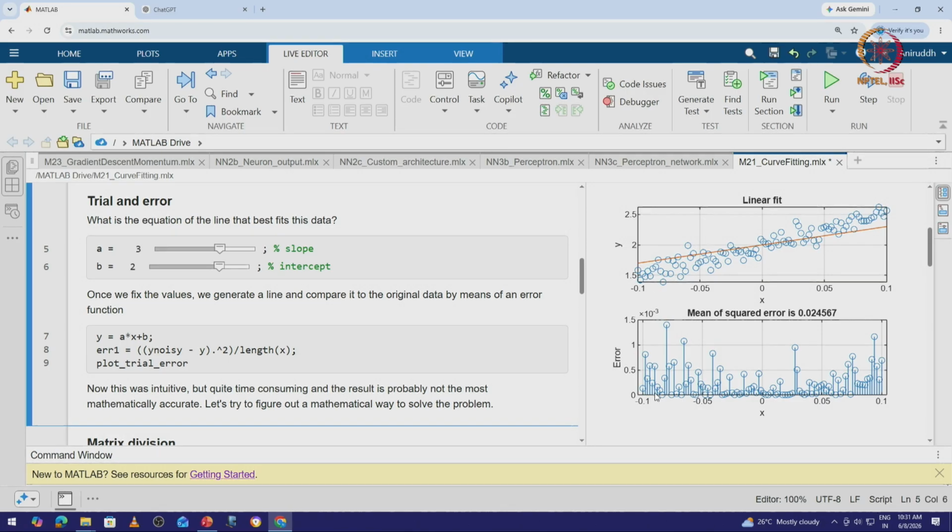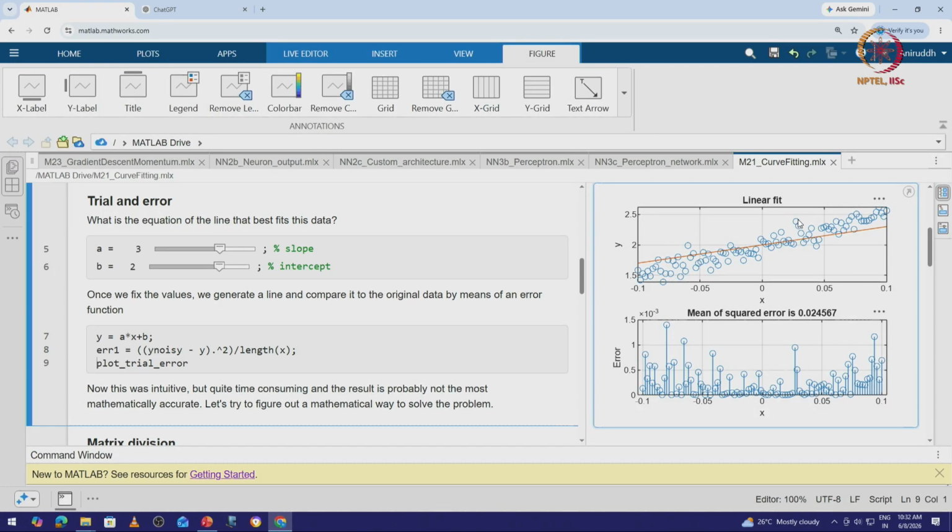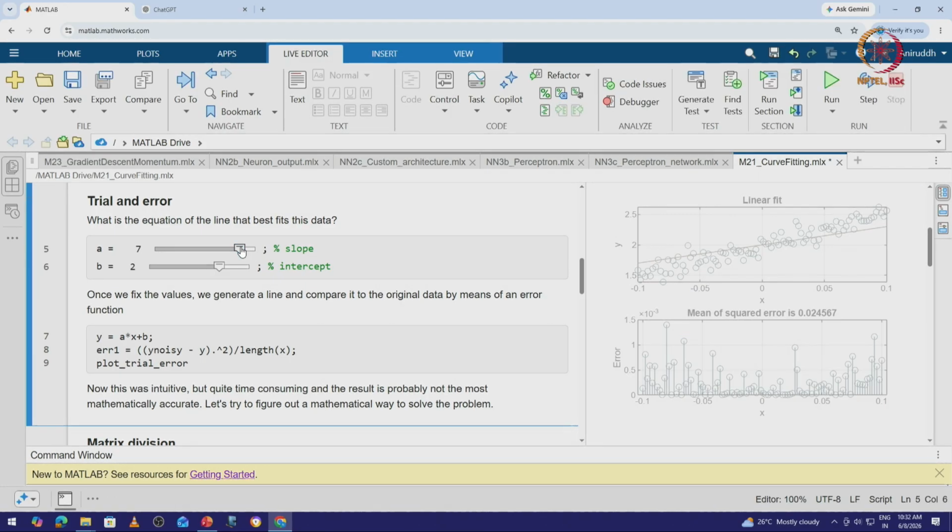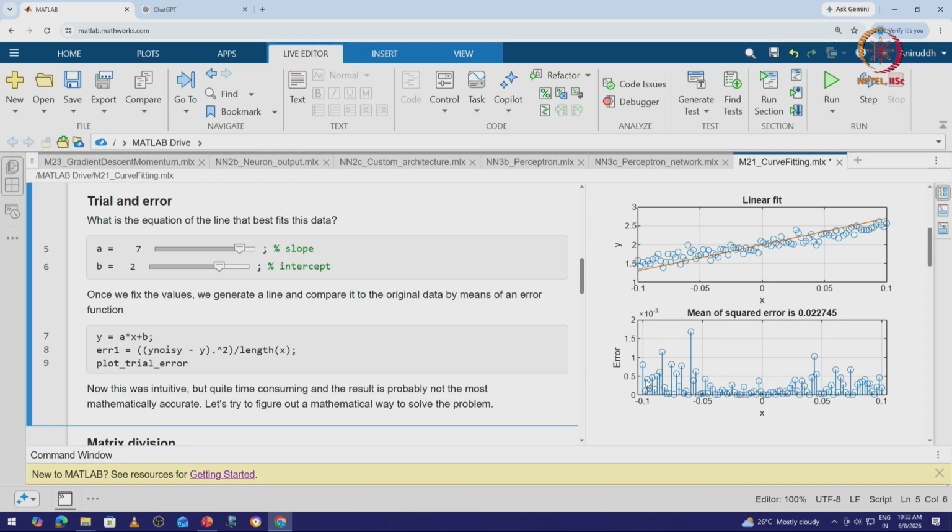Now we can observe here that the mean square error highlights some points which are 0, because the line is very close to or passing through these points, and for some of these points we can see that it is very high. So we can see this particular point here has a very high mean square error, right. Now if I keep changing the slope, we observe that the mean square error also keeps changing.